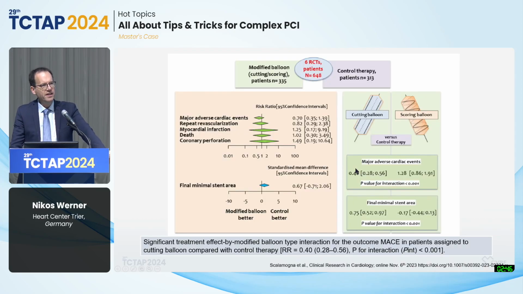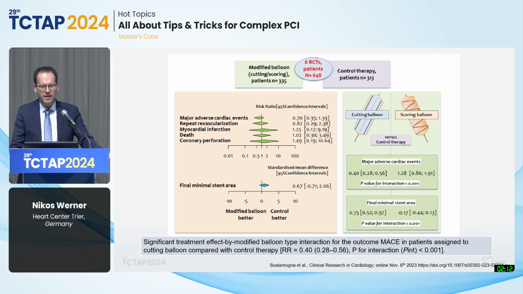So when you look at the data concerning modified balloon angioplasty versus control therapy with a normal balloon, you can see here a meta-analysis of 6 randomized trials, and it's quite disappointing to see that there was no major difference in major adverse cardiac events, and there was also not really a significant difference between the minimal stent area when using a modified balloon or conventional balloon angioplasty.